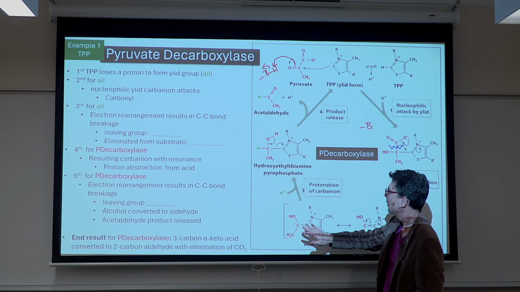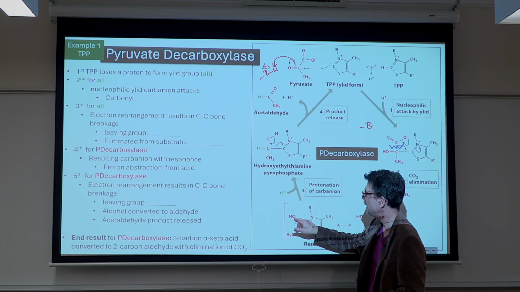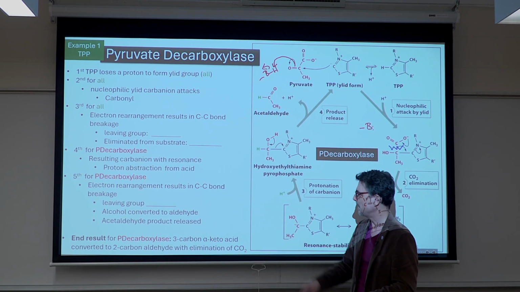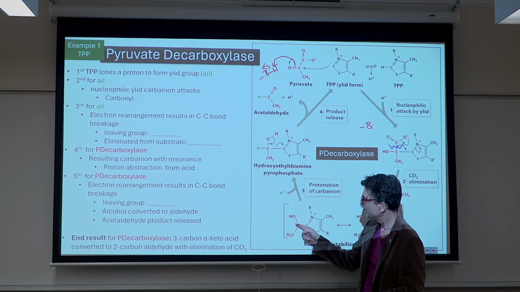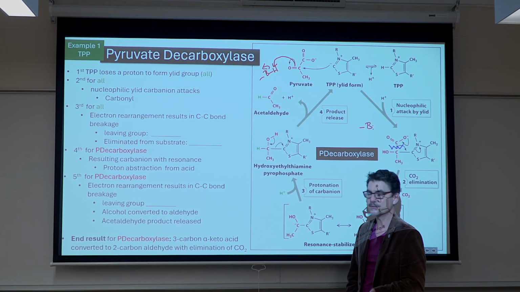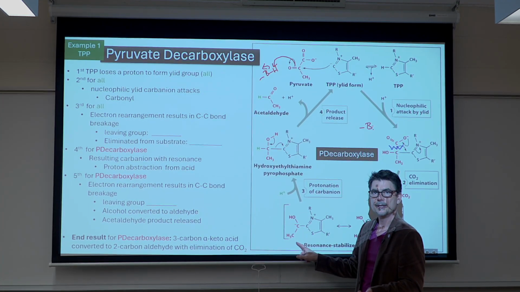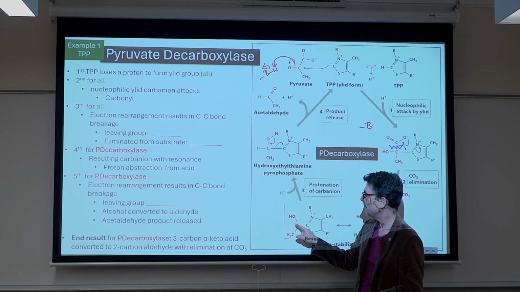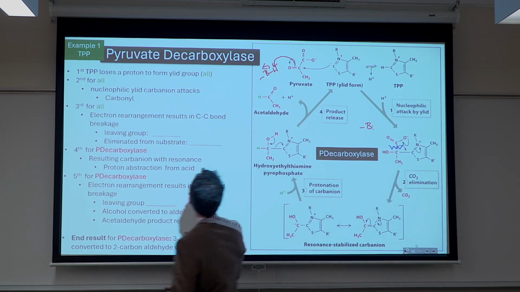Well, we're not adding water to this, so the aldehyde needs to come from that hydroxyl group, which means that we need to lose that proton, we need to form a double bond there, and we need to add a proton to where that carbanion is. CH3CH carbonyl group, acetaldehyde. So how can we do that? Well, we need to pull out the proton, and we need a proton there. We need to break that bond, and we need to form a carbonyl group. And so that's what we're seeing here up above.